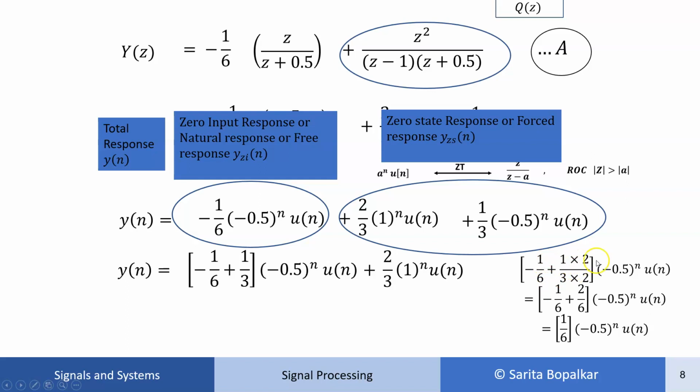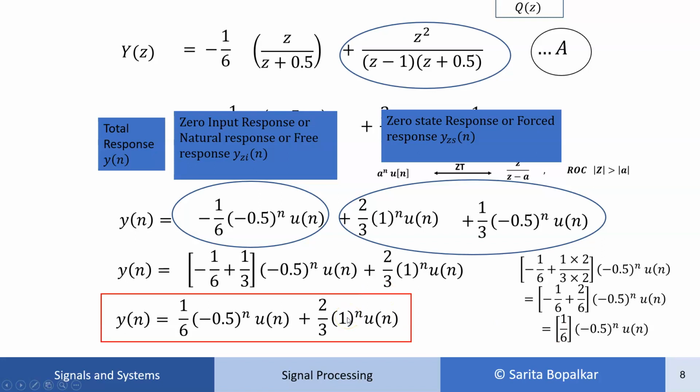Minus 1 by 6, and multiply and divide 1 by 3 by 2 to get the same denominator. So you will get 1 by 6 (minus 0.5) raised to n u(n), and this term as it is. So this is your final response, or response of the discrete time LTI system.